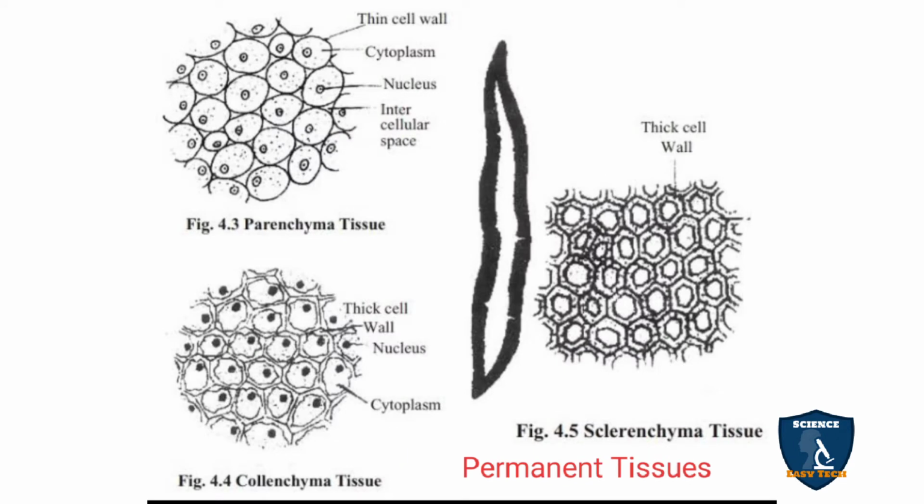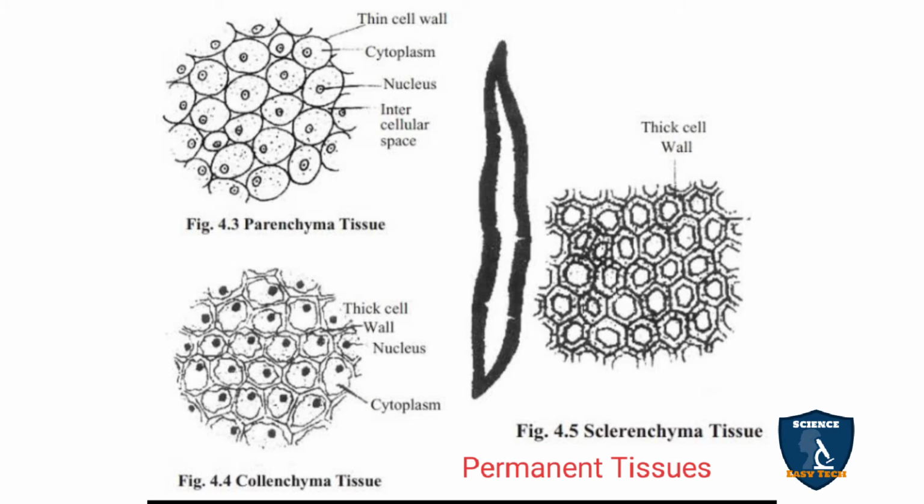Now permanent tissue. By stopping the meristematic activity, that is the division activity of the cell, the cell starts functioning and identifies itself. Like you are identifying yourself now: you are in 10th standard, and you have to work hard to get more marks.